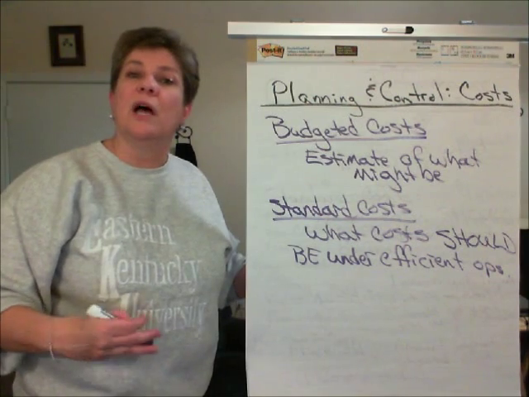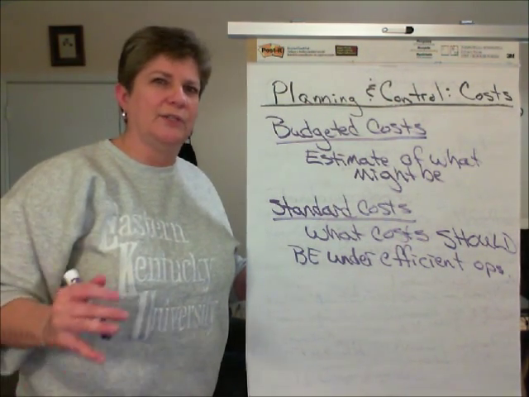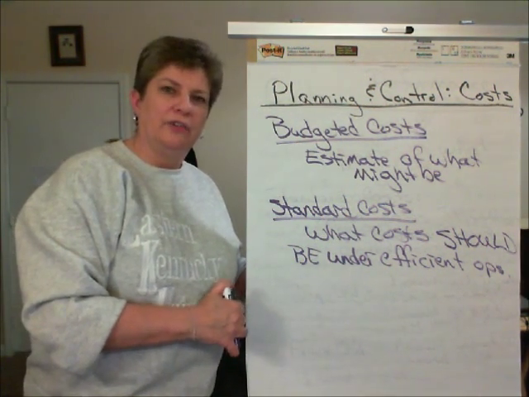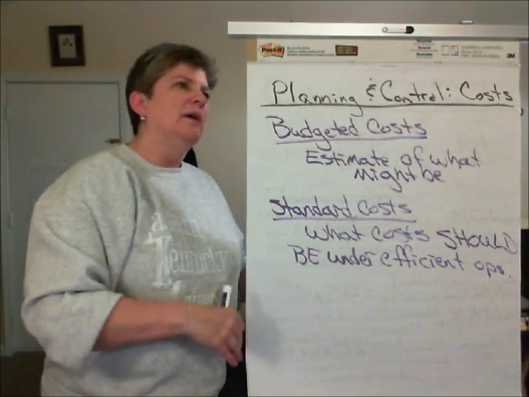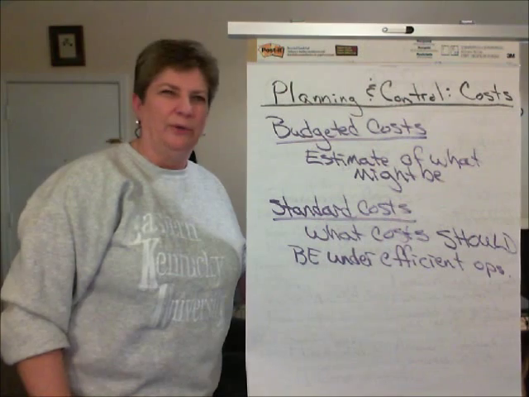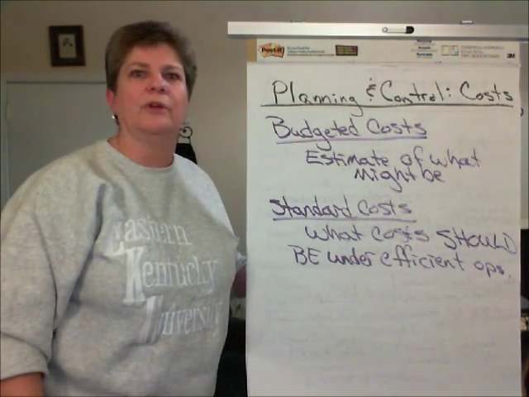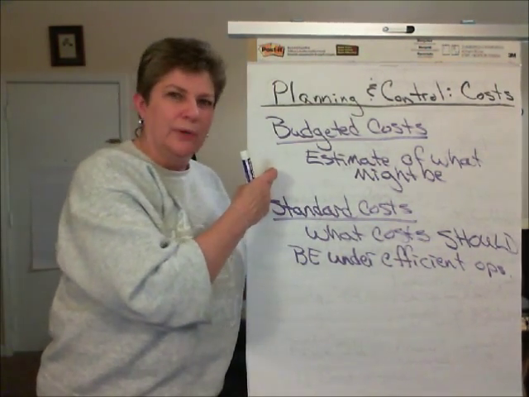So it may come from time and motion studies and other engineering studies of what efficient operations should cost the business. So there's a difference between an estimate, oh, well, I think we'll probably use 100,000 pounds and maybe it'll cost us $10 a pound. You know, that's kind of a flip way of dealing with estimates.